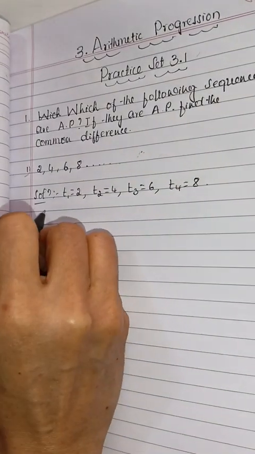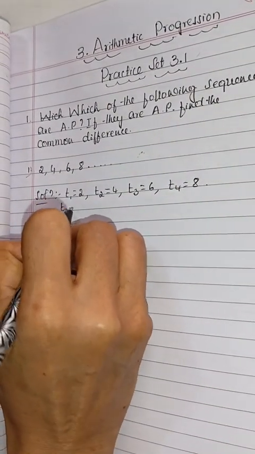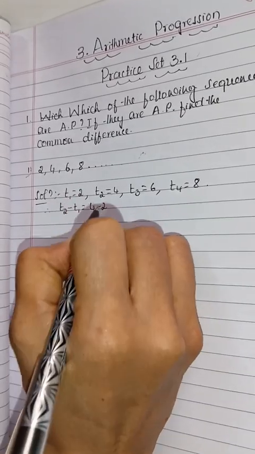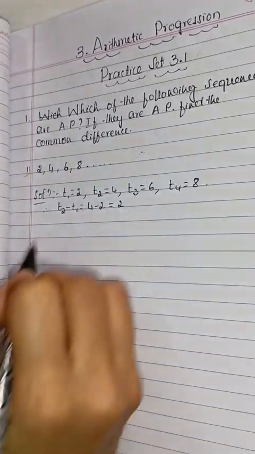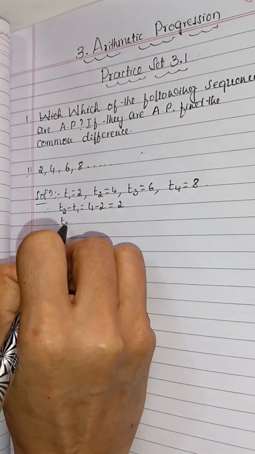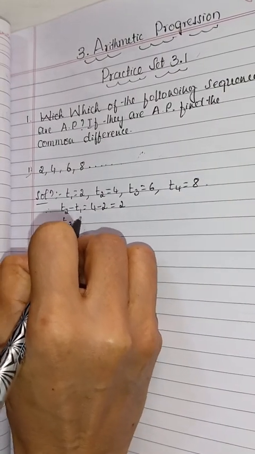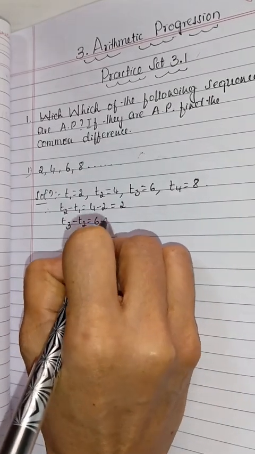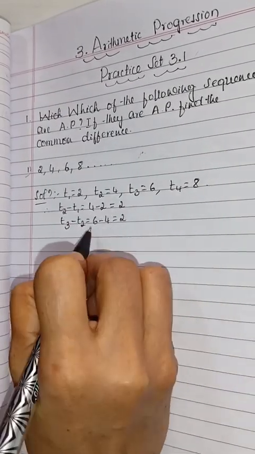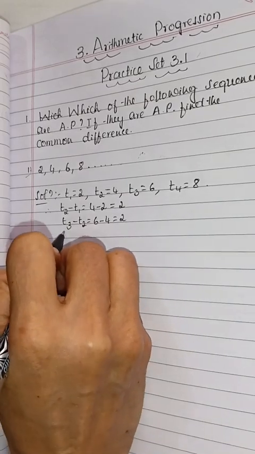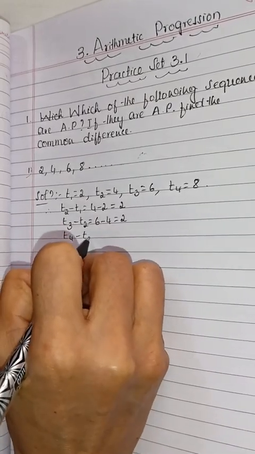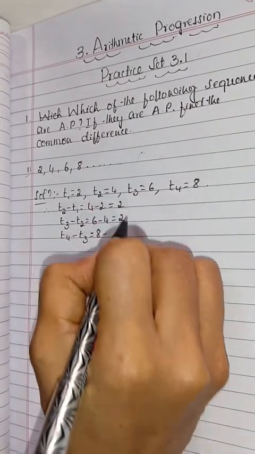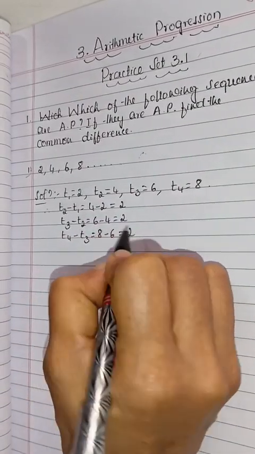Therefore T2 minus T1 is 4 minus 2, that is 2. T3 minus T2, 6 minus 4, that is 2. T4 minus T3, 8 minus 6, that is 2.